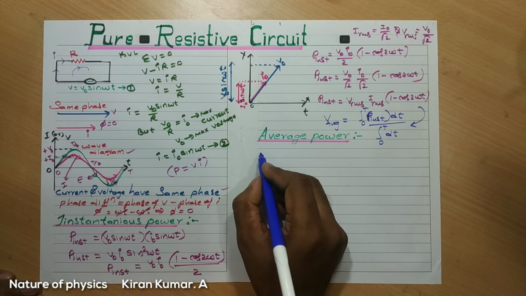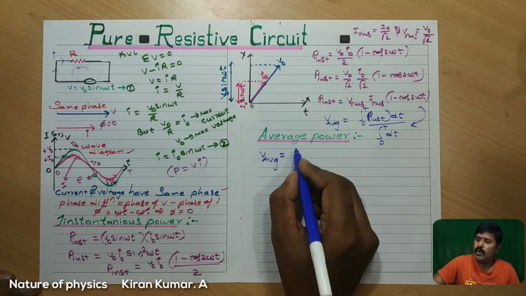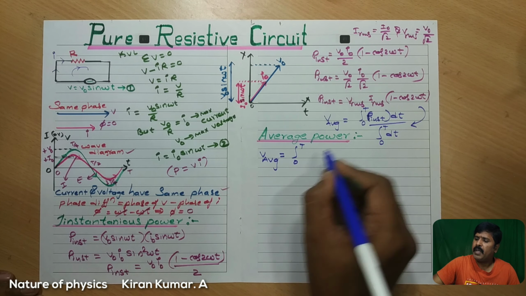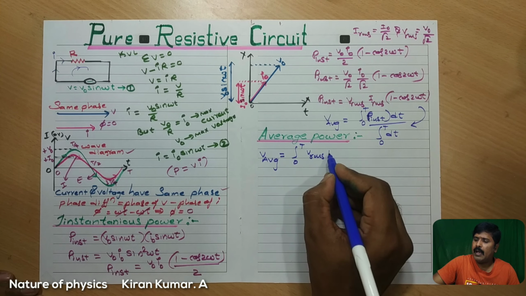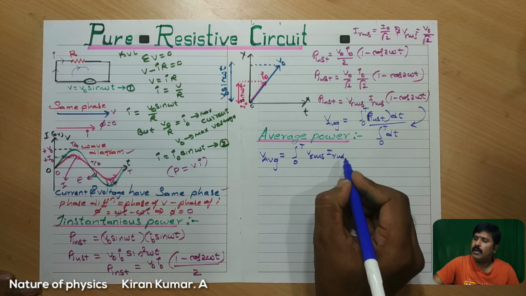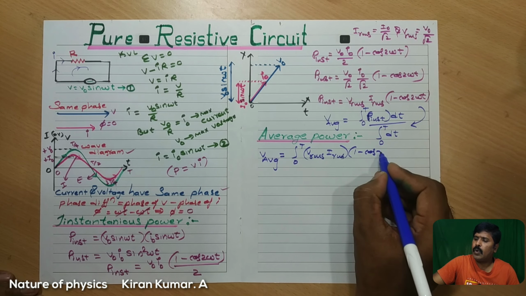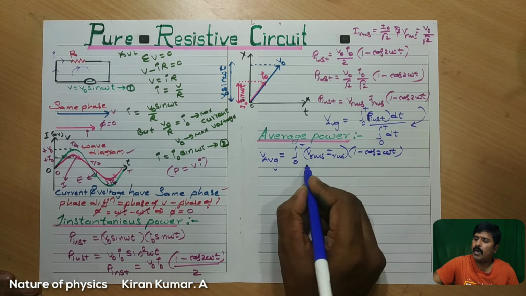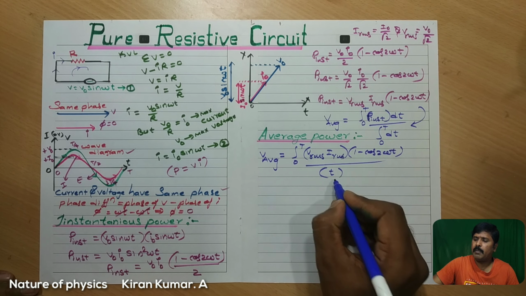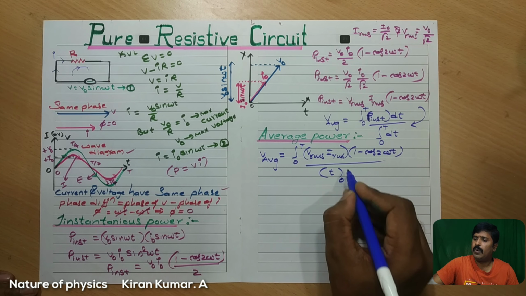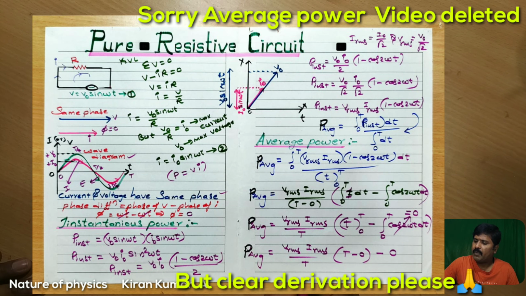This is equal to integral 0 to t, P instant value replacing, that is VRMS IRMS into 1 minus cos 2 omega t whole divided by integral dt is t, so that we can replace 0 to t, lower limit to upper limit, student.